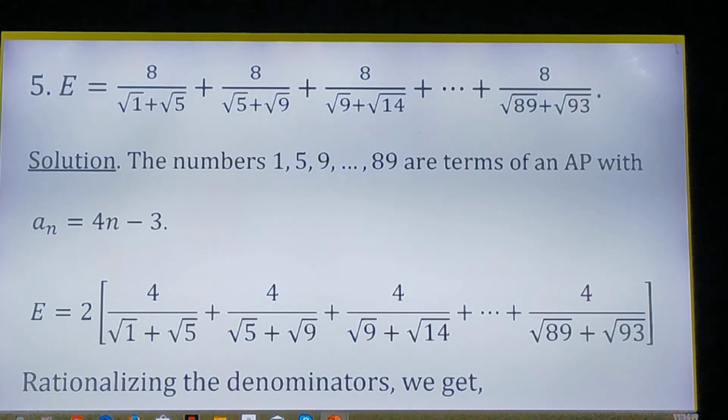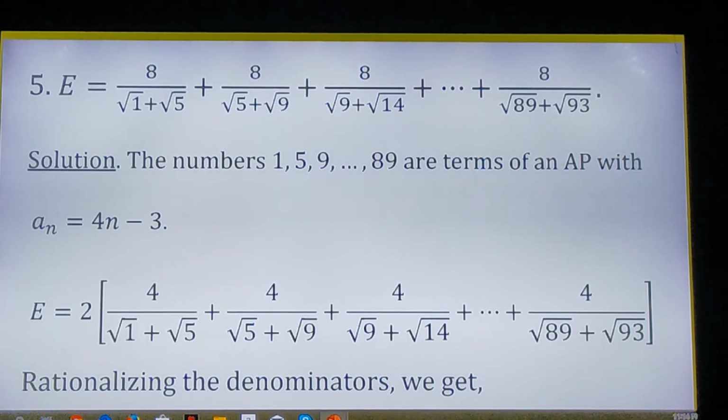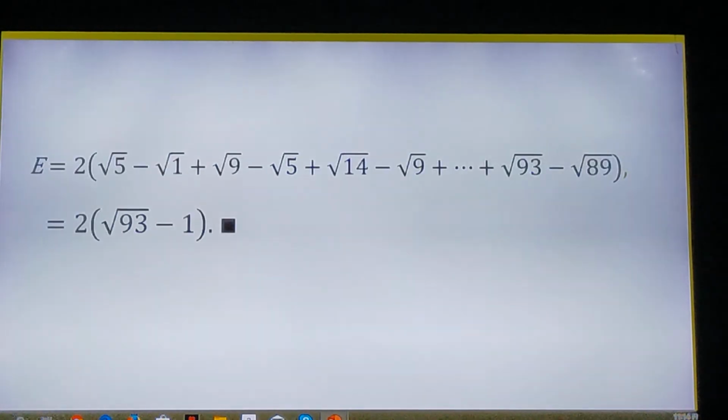Okay, so we rewrite E as 2 times this sum inside the brackets, and then we rationalize the denominators, and we get E is equal to 2 times the square root of 5 minus square root of 1 plus square root of 9 minus square root of 5 and so on.